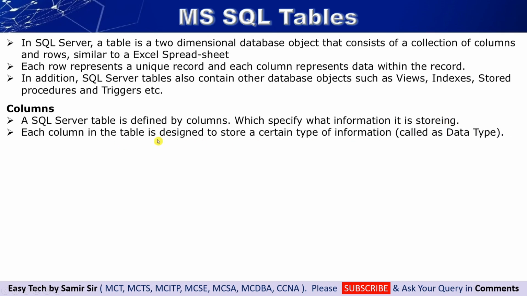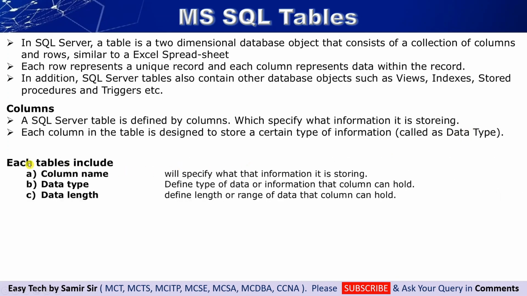Each column in the tables is designed to store a certain type of information, which is known as a data type. So when we design a table, each column will have at least three pieces of information. First is the column name, which will specify what type of information it is storing.